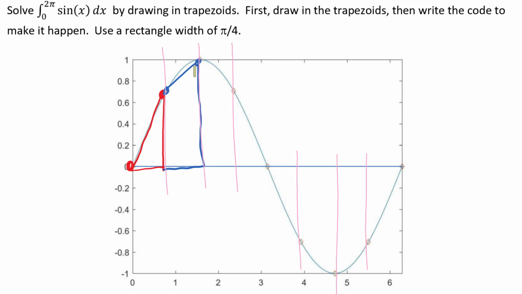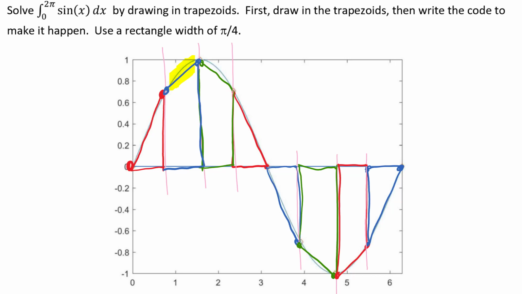So now the error that we have is a lot smaller. It's just that little chunk instead of that monstrous chunk that the error used to be. So all of these little trapezoids are now going to get added together. This is going to take a while to draw. There was really no reason that I did those in multiple colors except that I thought it would make things look a little bit nicer.